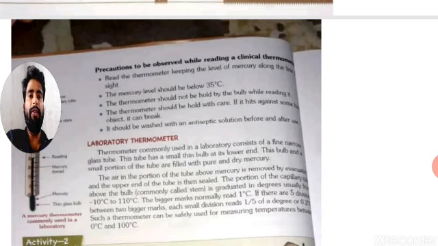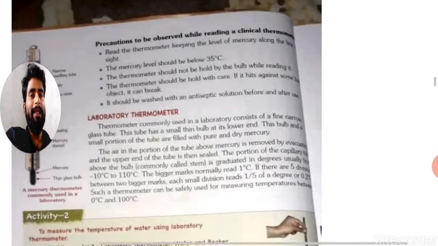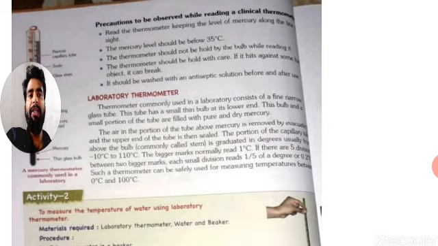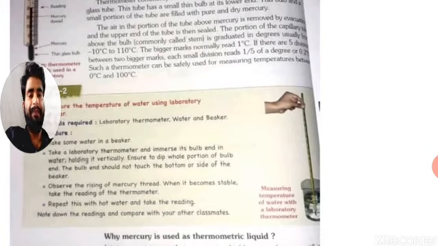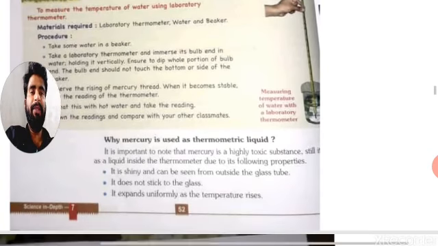This glass tube has a small thin bulb at its lower end. This bulb and a small portion of the tube are filled with pure and dry mercury. The air portion of the tube above mercury is removed by evacuation, and the upper end of the tube is then sealed. In laboratory thermometer, mercury is filled up to some height. We can see thermometer in the lab.